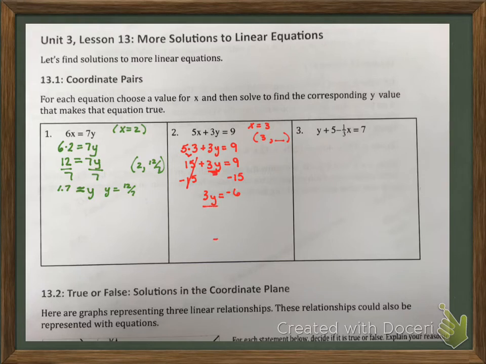And then to get y by itself, you should be able to divide both sides by 3. Those will cancel over here and get y is equal to. Go ahead and enter your answer on Edpuzzle. And you should get an answer of negative 2. So the ordered pair that would work is 3, negative 2.